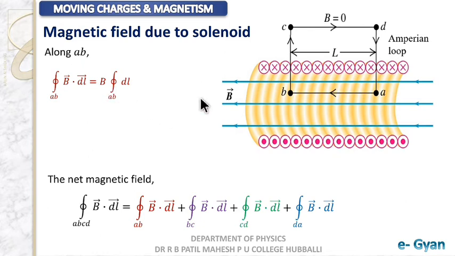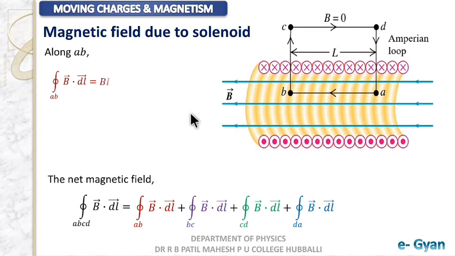Since B is constant, you can see that the magnetic field is uniform. So B is taken out of the integral, and integral has to be done over dl itself. And dl is a small part of the length AB.